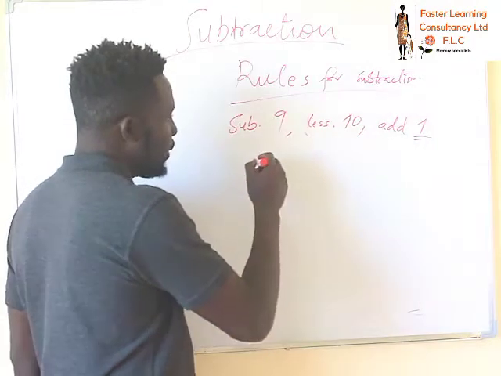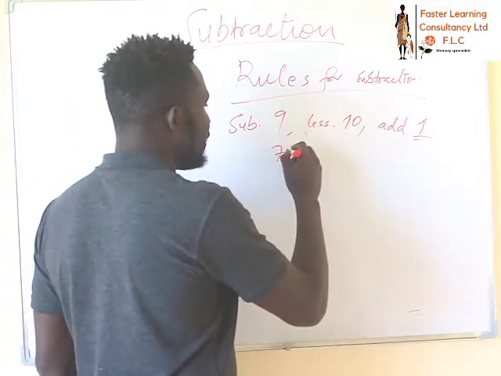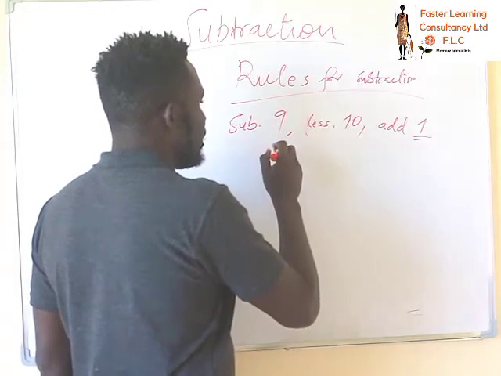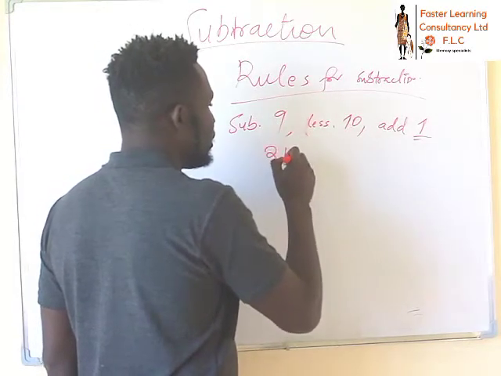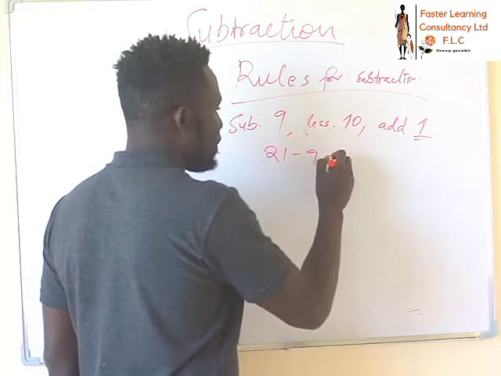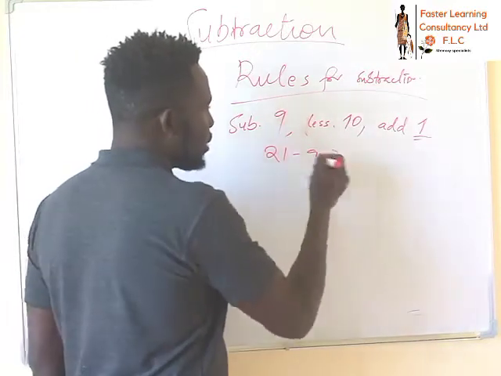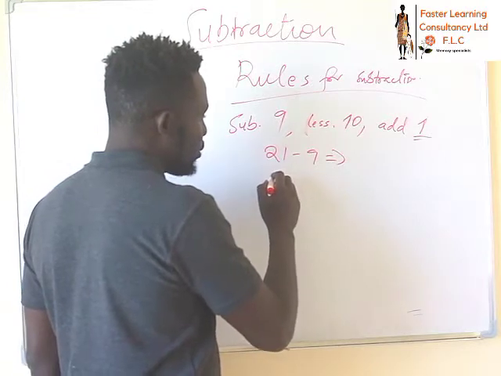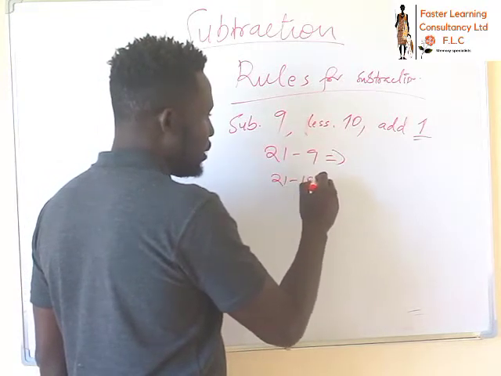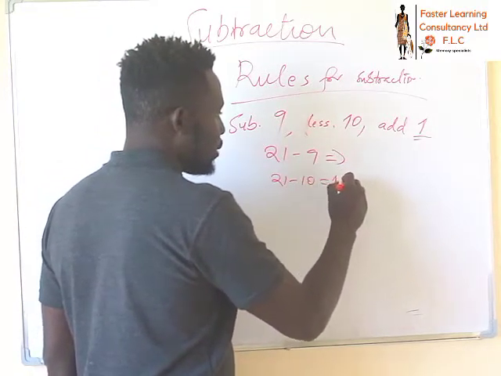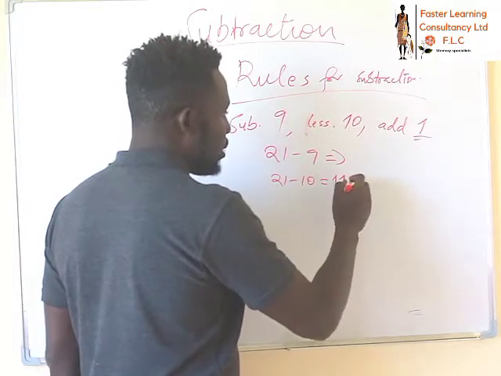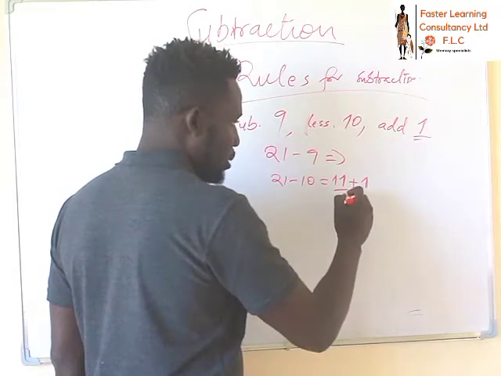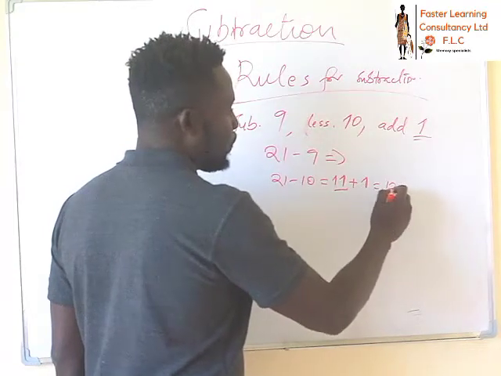An example would be, let's say 21 minus 9. In this case, first subtract 10, so 21 minus 10 gives you 11, and then add 1, so you have 12.